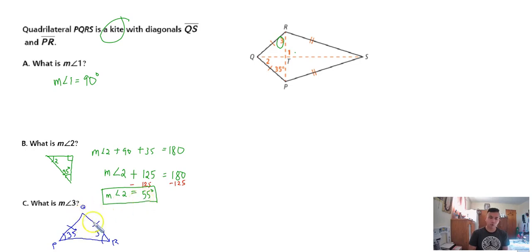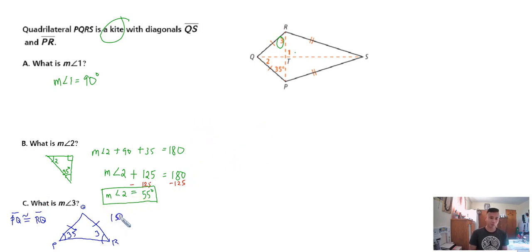So analyzing this, we can consider these two legs, which, based on the given, PQ is congruent to RQ. So PQ is congruent to RQ. Then we can consider this one as isosceles.